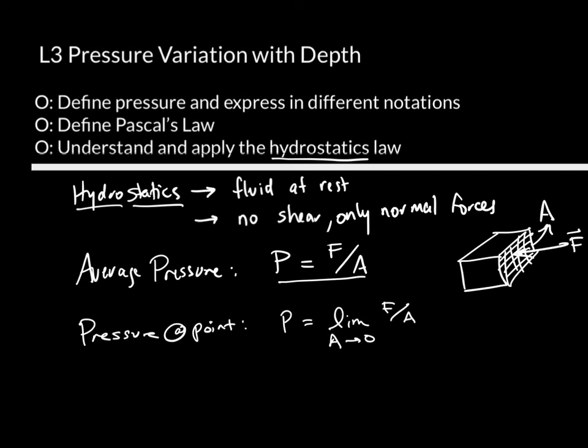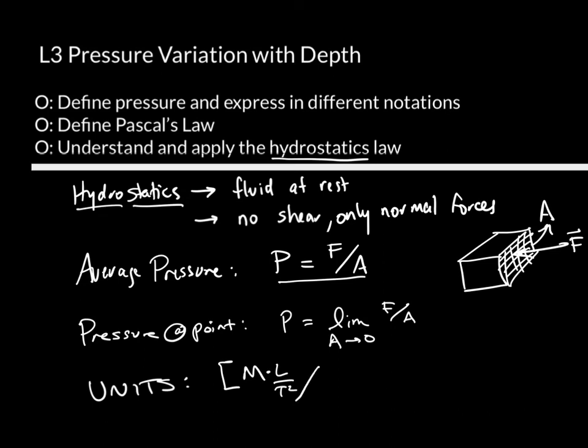Anyway, the units in this case we can work out, and always remember, you can figure out units if you don't know. So we've got a force. Force equals mass times acceleration, which is mass times length over time squared. That's the force bit.